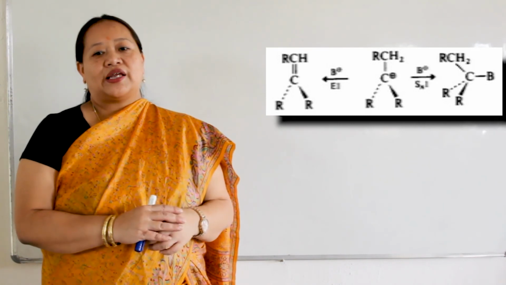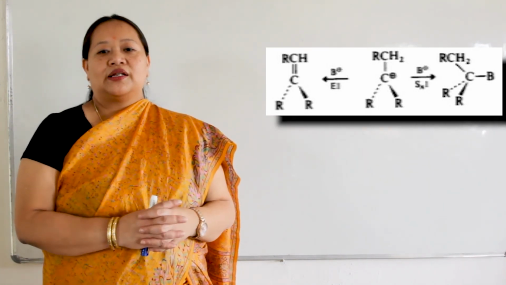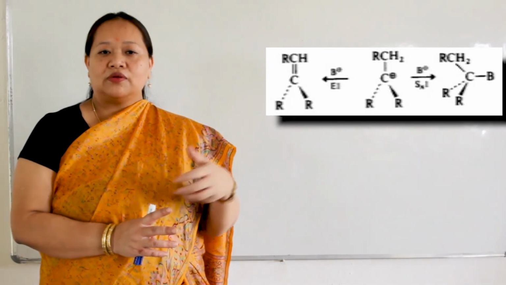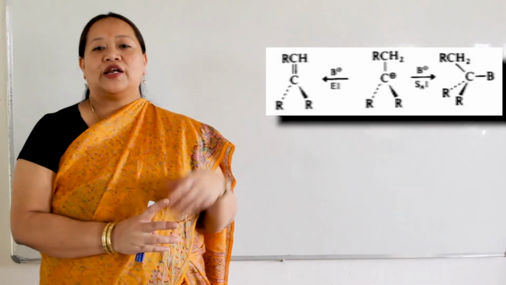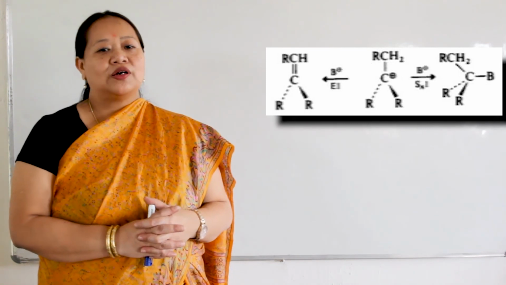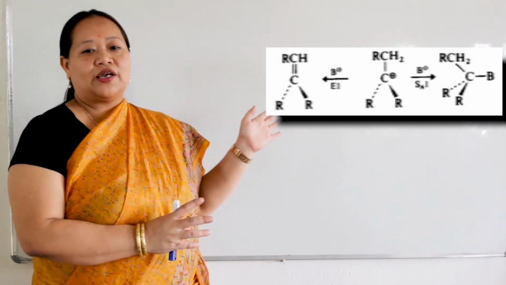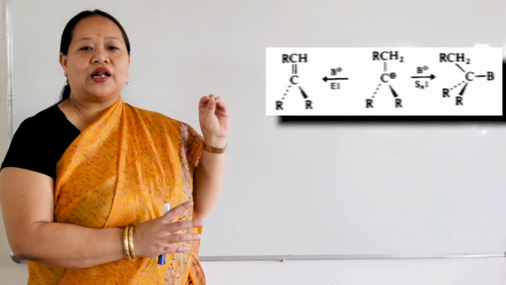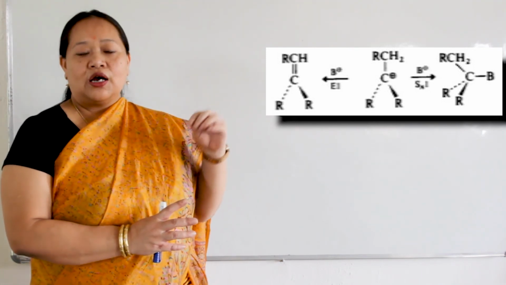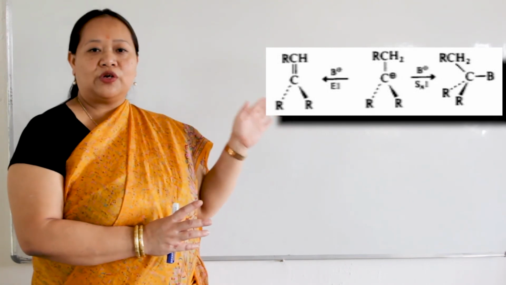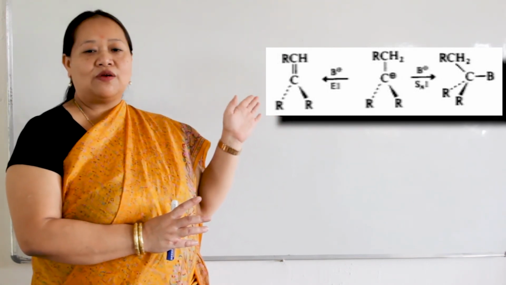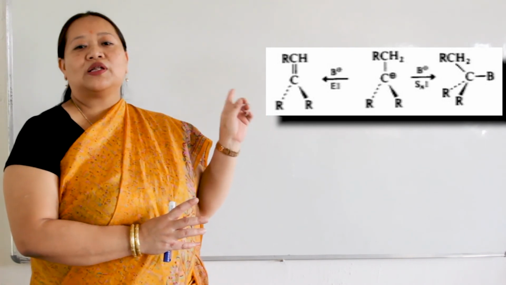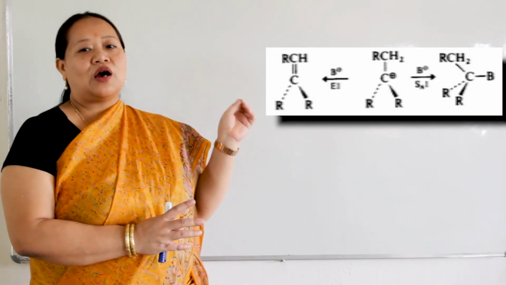Another reason that can be explained is that the steric factor operating around this type of reaction favors elimination over substitution. If you see here, the carbocationic intermediate has the carbon atom in an sp2 hybridized state. Therefore, if it goes to elimination via the E1 mechanism to form the alkene product, here also the carbon atom is sp2 hybridized.